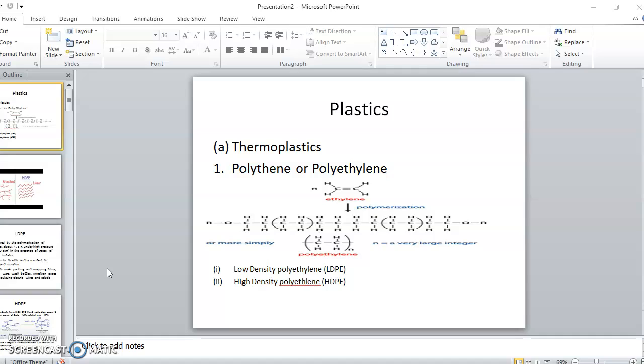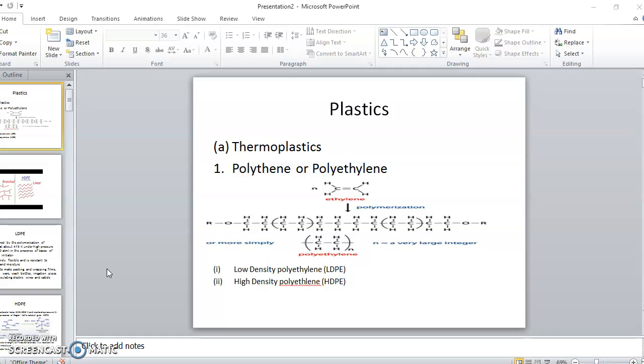Now we discuss plastics. You are very familiar with plastics in your day-to-day life, and we use them for so many things. Plastics have mainly two classes: thermoplastics and thermosetting plastics. Thermoplastics can be melted.